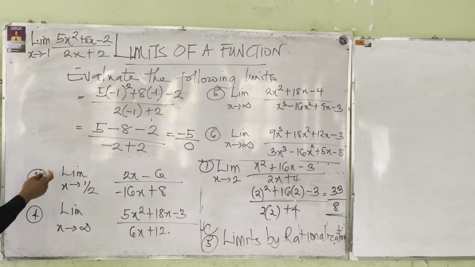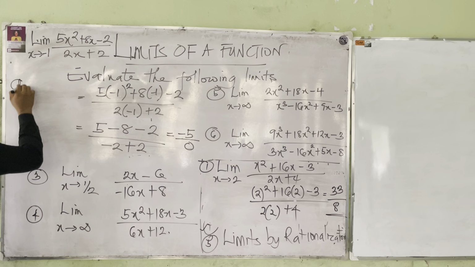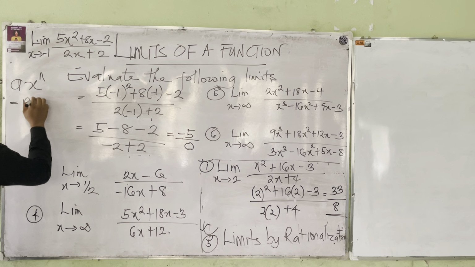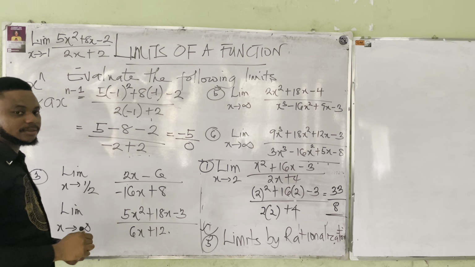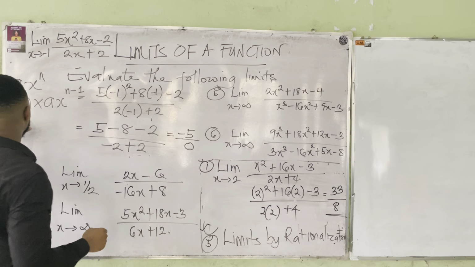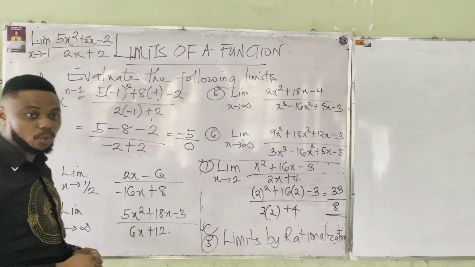Now, what is the power rule of differentiation? If we have a x to the power n, to differentiate is n times a x raised to power n minus 1.